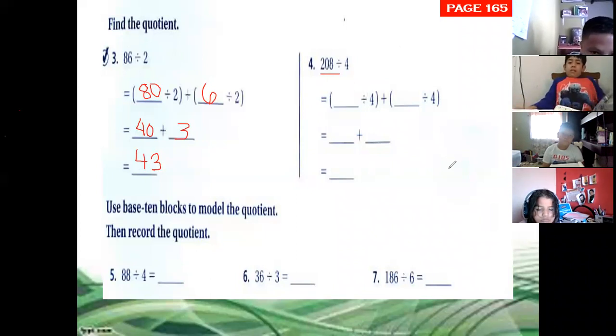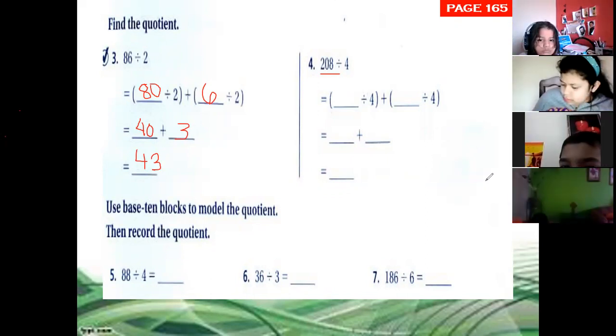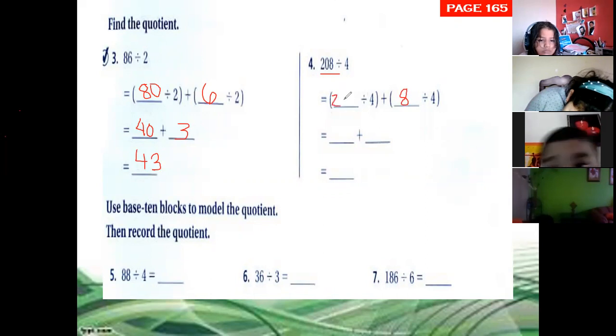How many ones are in 208? 8, exactly. In hundreds, how many hundreds are in 200? 200. Okay, so let's divide 200 by 4.